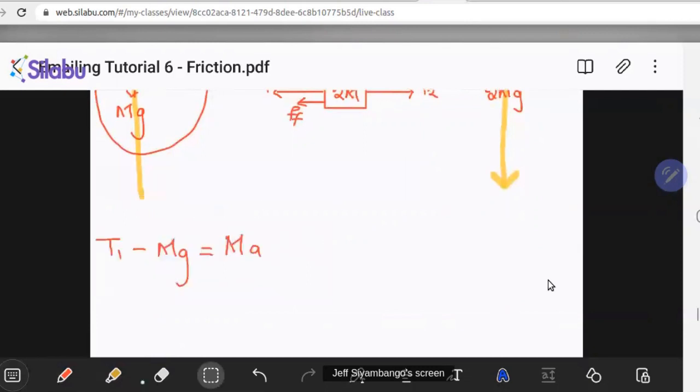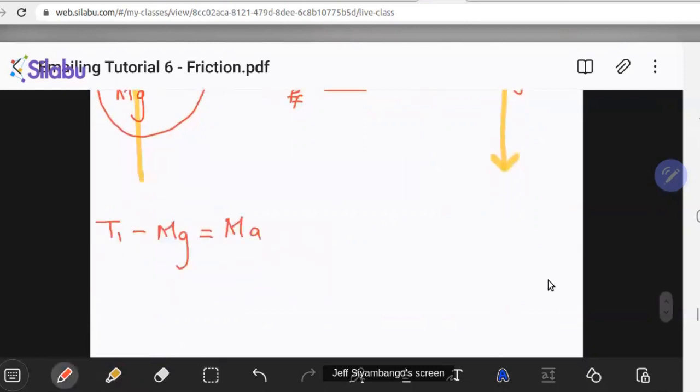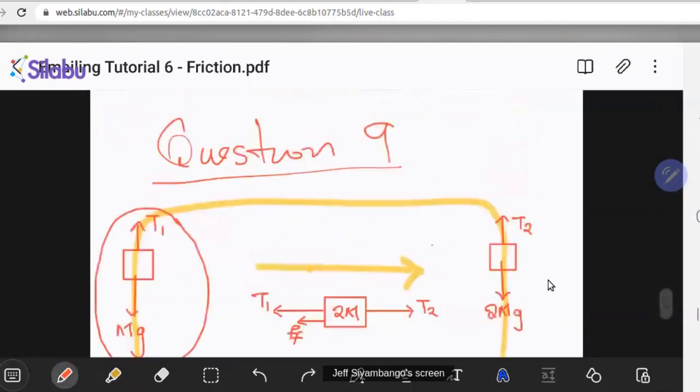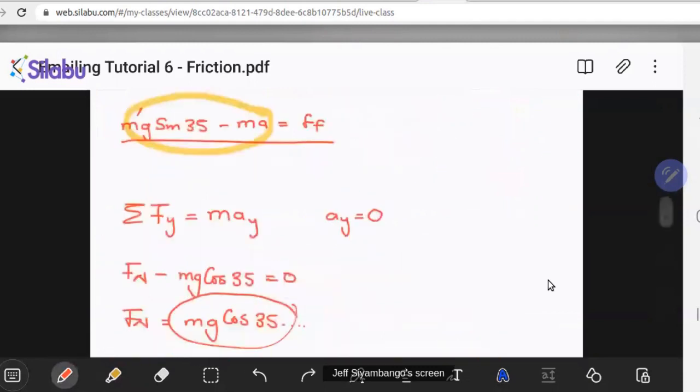So this is what we have. We're given what the mass here is. So you can easily say that T1, I can even take it that side, T1 will be equal to the mass times the acceleration. What is the acceleration again? Did I write it down? I did not. Let's get the acceleration.